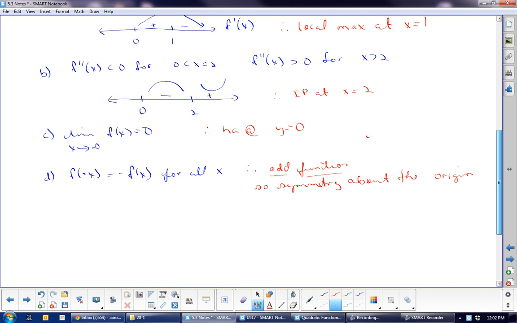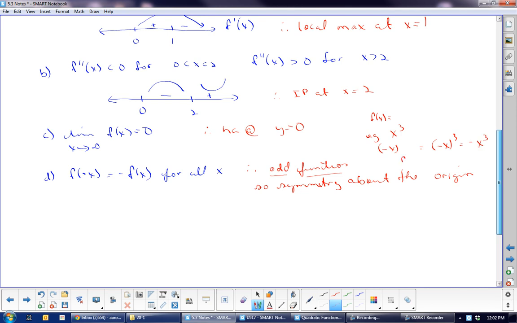So for example, say f of x equals x cubed. If you put negative x in there, that would be negative x cubed, which is the same thing as negative f of x.